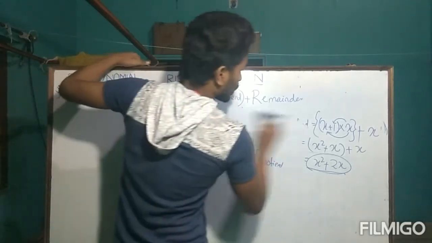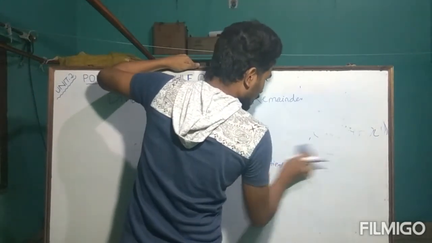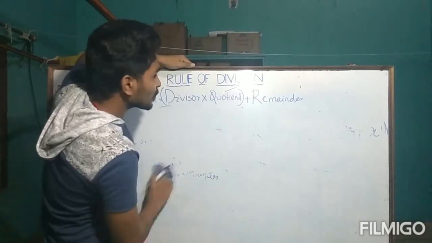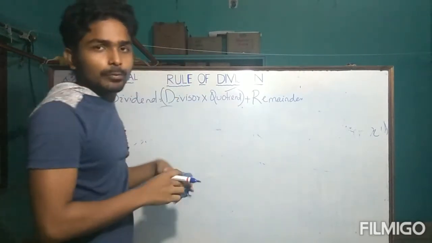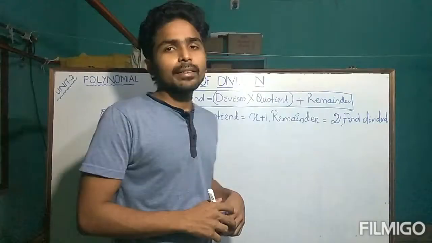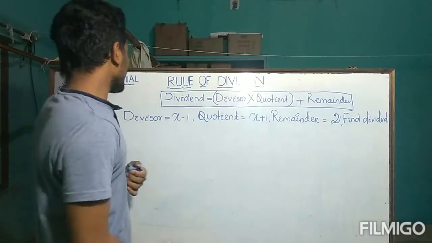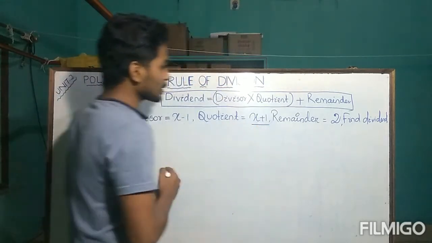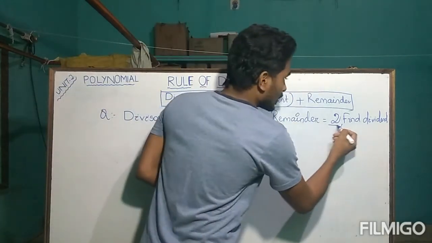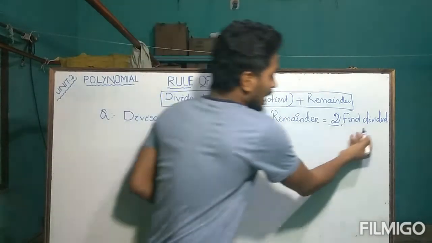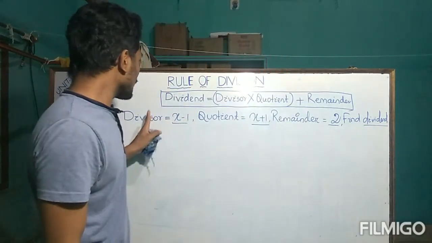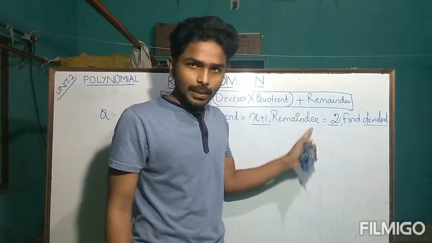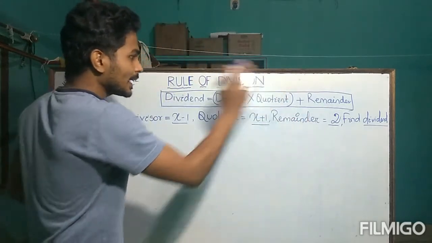Now we will do some problems where the divisor, quotient and remainder are given and we have to find the dividend. Suppose we have a question: the divisor is x minus 1, the quotient is x plus 1 and the remainder is 2. Then find the dividend.